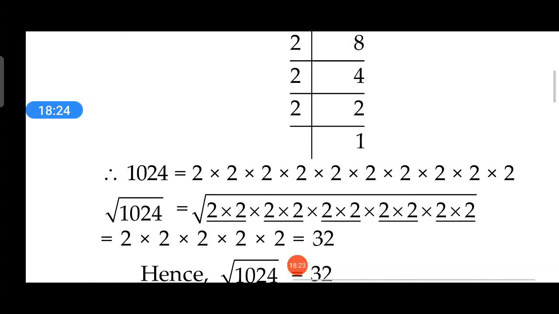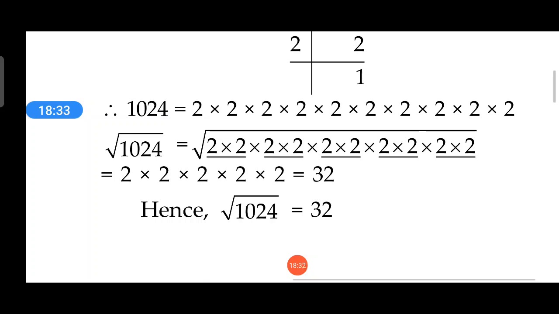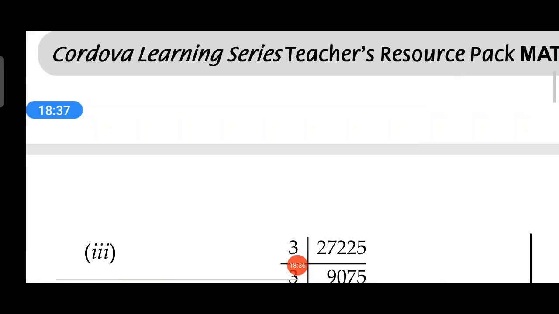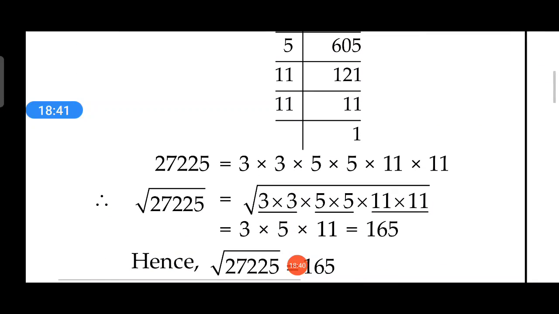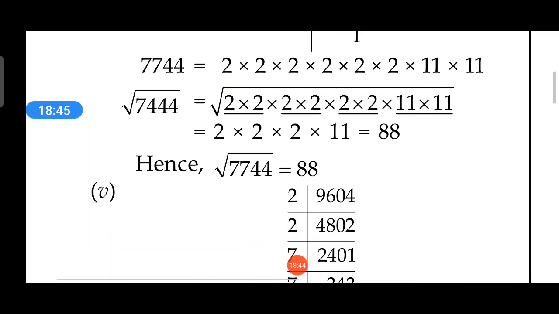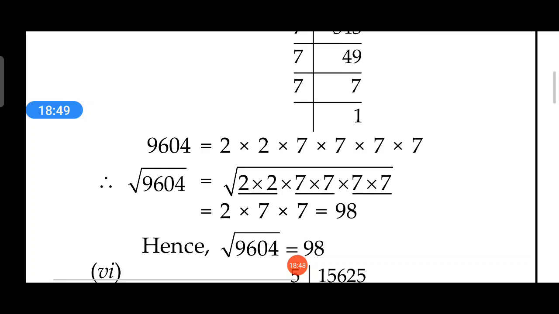Here we have to double the number, double 2 times. Here 32 answer will come in second. Third answer is 165. Fourth answer is 88, and fifth answer is 98.